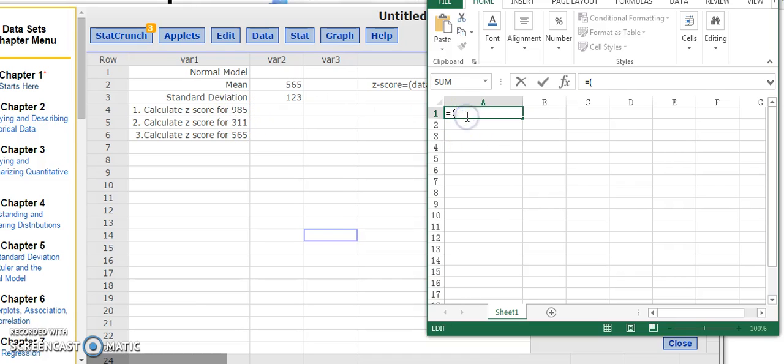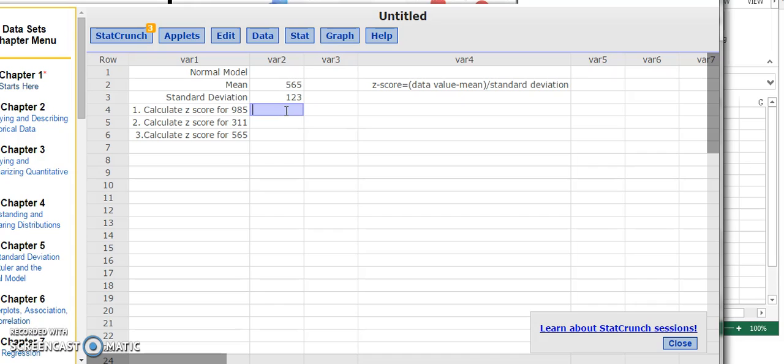So 985 is our data value, and then we subtract our mean, 565, in parentheses. That's our numerator. Then we divide by our denominator, which is the standard deviation, 123. And this is my z-score, 3.41. I'll copy my z-score right here. So you will see that this is my result.